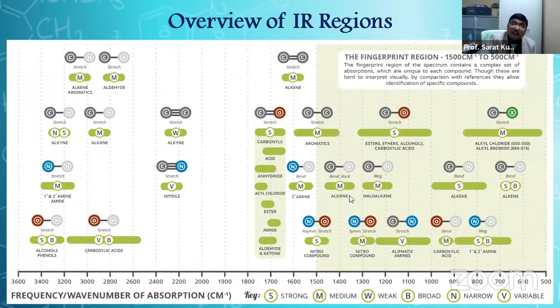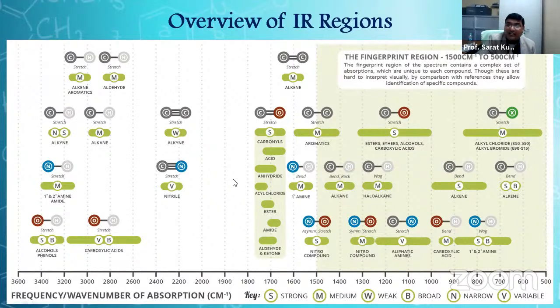But then you can ask, sir, why shall I remember it? Why is it in the higher region? Why is it in the lower region? That depends on the frequency, whether it is the 4000 region or the 400 region. I told that mu bar value is directly proportional to the bond constant or bond strength, and inversely proportional to the reduced mass.